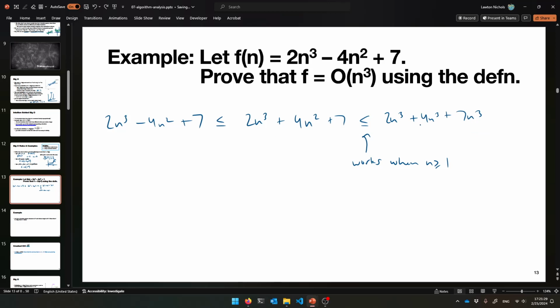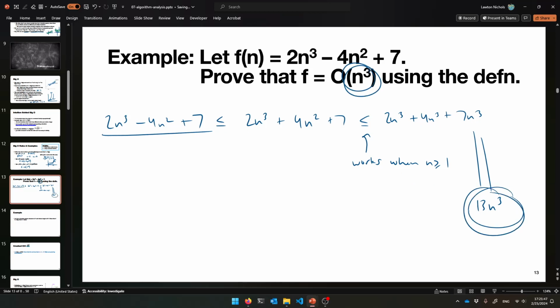And then what is this? This is just a bunch of n cubes. This is all equal to 2 plus 4 plus 7, which is 13 n cubed. So I found a function that looks like a constant times n cubed out in front, and I've figured out exactly when it's always going to be bigger.